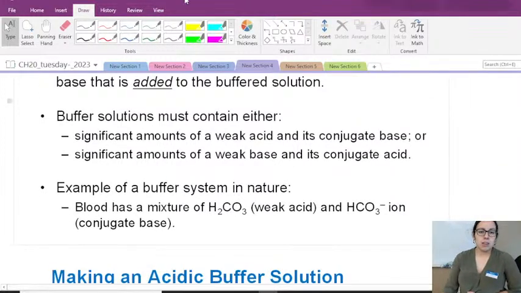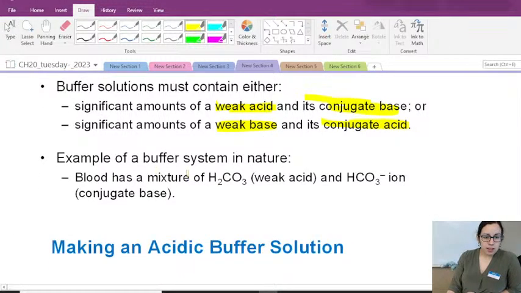And so the key way to make a buffer is it has to have either a weak acid and its conjugate base, or a weak base and its conjugate acid. So notice, right, it has to either be a weak acid, weak base. You can't make a buffer with HCl since that doesn't have an equilibrium. And so again, your blood is a good example of a buffer system in nature.